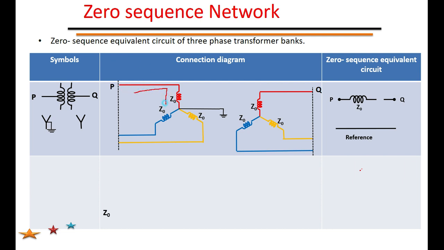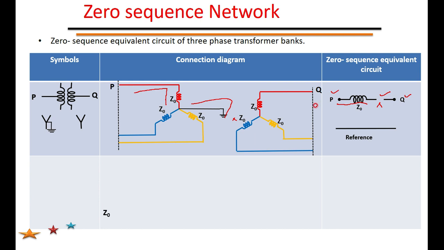Then on a per phase basis it sees Z0, therefore I am showing P and a Z0 here. Then once it enters here, there is no path, therefore it is shown as a gap. That is, there is no flow of zero sequence current from P to Q, because you have to show the gap since the secondary is not grounded. This is how we have to analyze the star grounded and star ungrounded case.